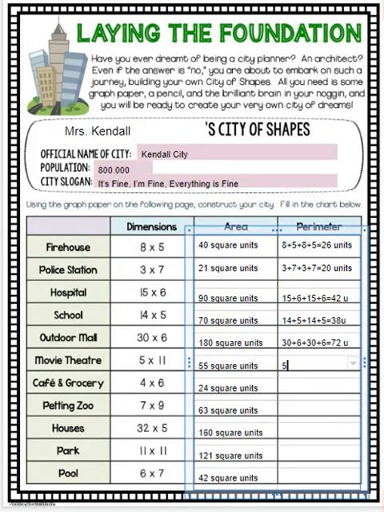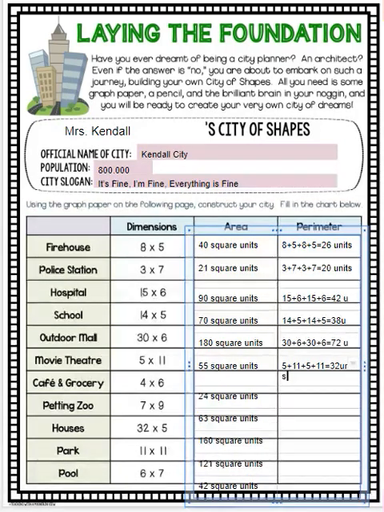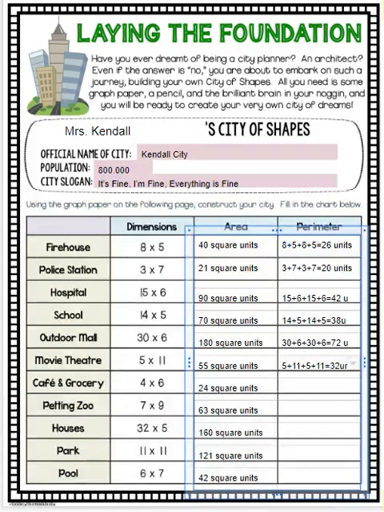The movie theater is 5 by 11, so that means the perimeter is 5 plus 11 plus 5 plus 11, equaling a total of 32 units. The cafe and grocery store is 4 by 6, so for my perimeter, I add all the side lengths, which is 4 plus 6 plus 4 plus 6, equaling a total of 20 units.